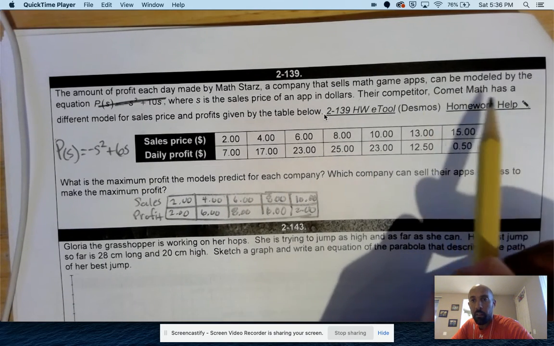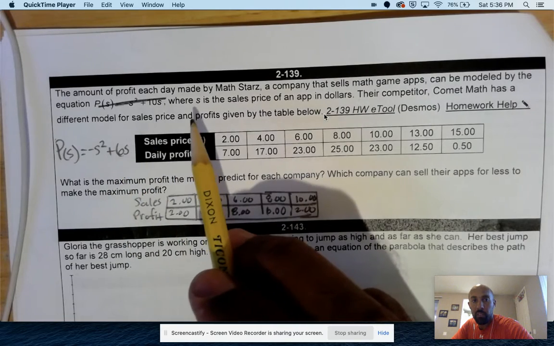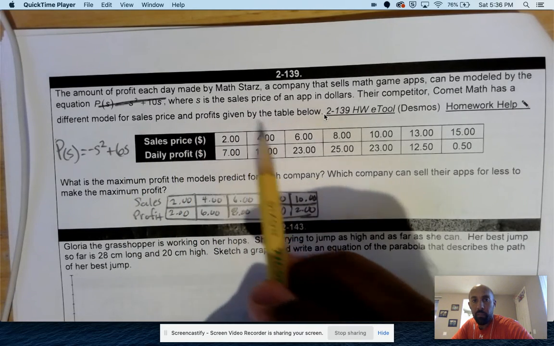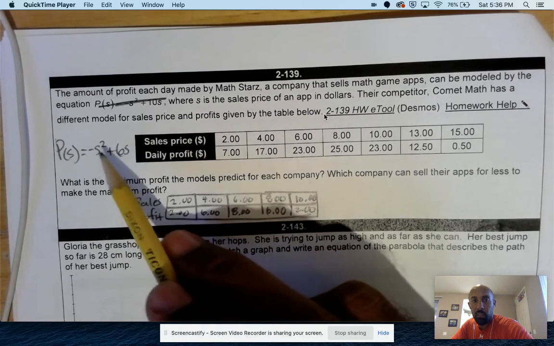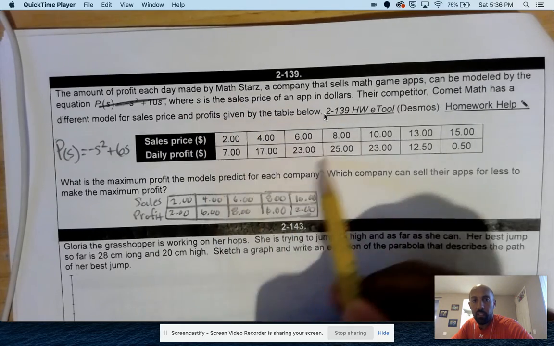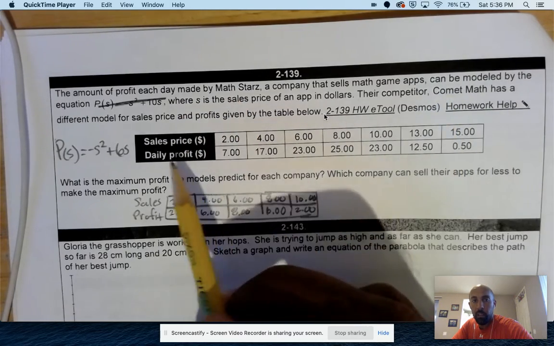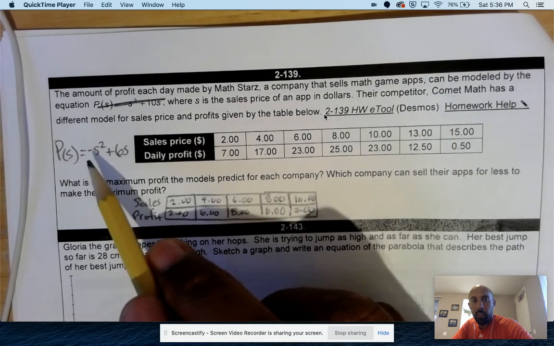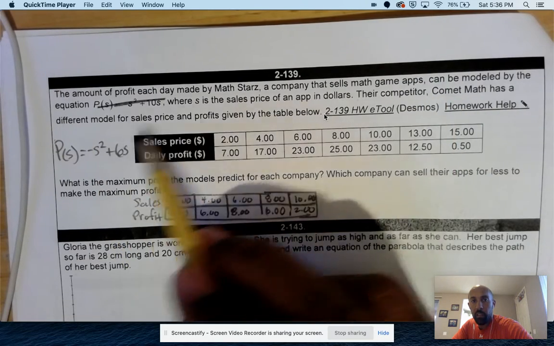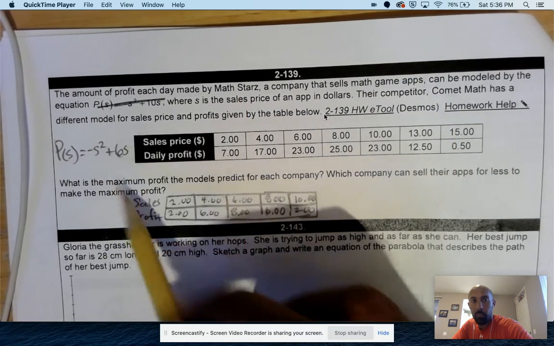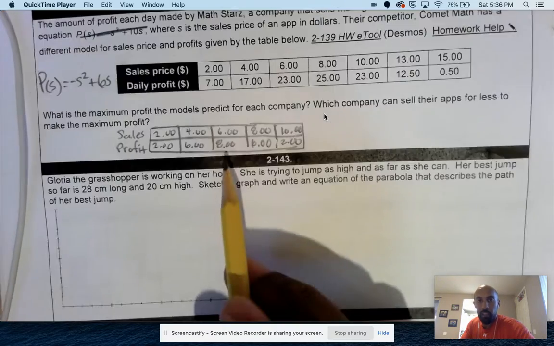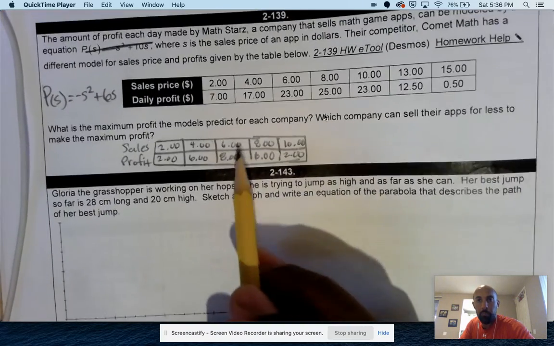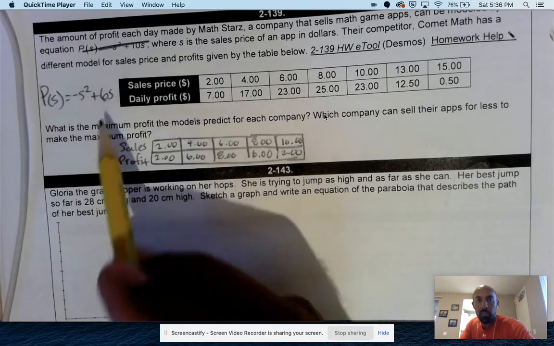Okay, so their competitor, Comet Math, has a different model for sales price and profits given by this table. So this equation is for Math Starts, and then the table represents the other company. So we don't have an equation for the Comet company. We just have a table, and then we have the equation represents Math Starts. So I created a different table here for Comet, and this is a different equation for Math Starts.